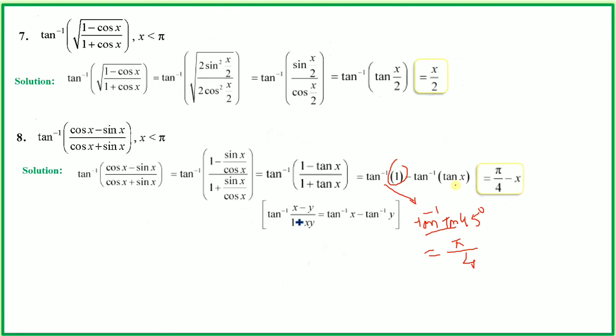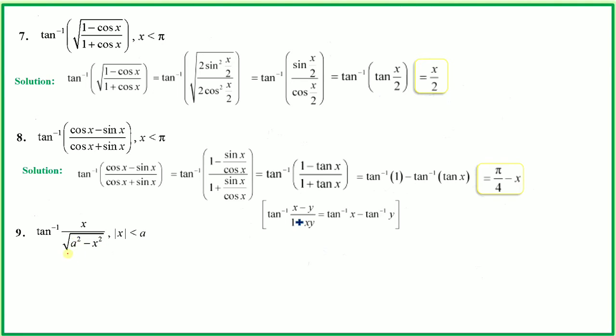In the second case, tan inverse and tan are removed, so you have minus x. So pi by 4 minus x. That's how you got this one. Clear?